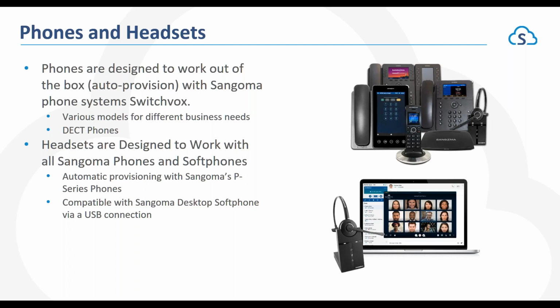So when you're using the Sangoma desktop phone or Meet, you can use these headsets along with the softphone. All these headsets are fully compatible with the Sangoma desktop softphone via USB connection.